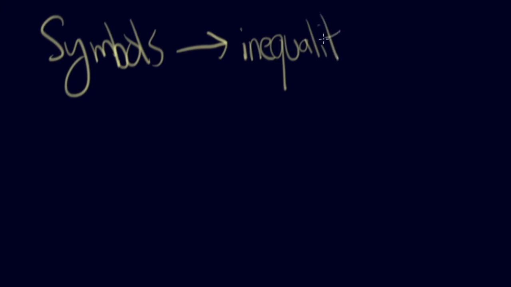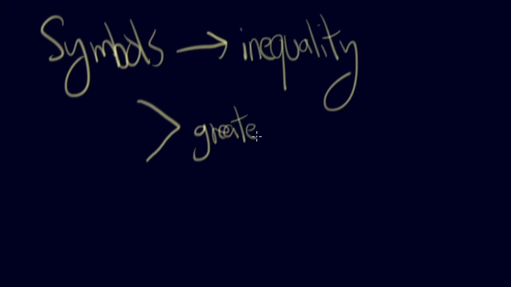So we'll need some symbols. And our symbols are going to be the inequality symbols. These are classic symbols. We have the very famous greater than. So this is greater than.